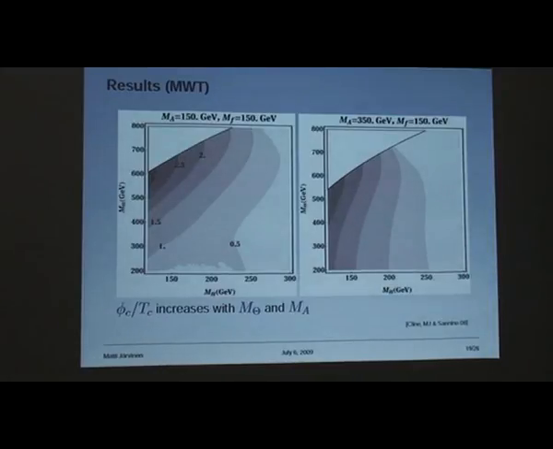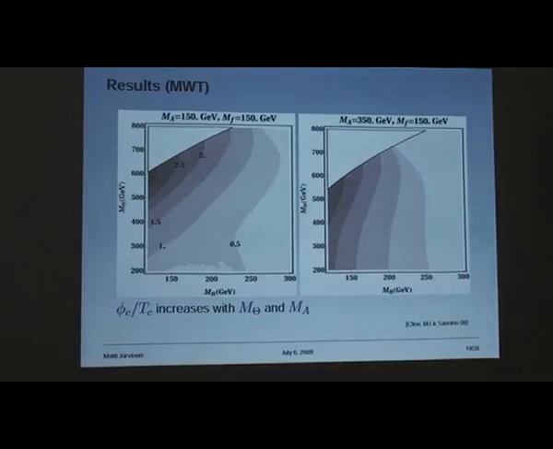You identify the critical temperature, where the broken vacuum and the symmetric vacuum are exactly degenerate, for the potential as a function of the Higgs expectation value. Then this parameter is defined by the ratio of the.